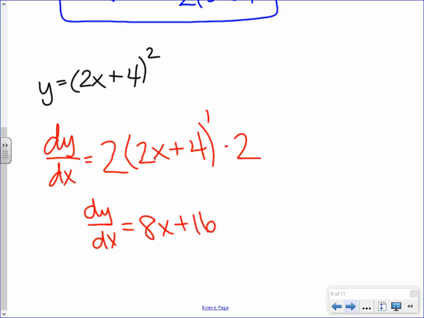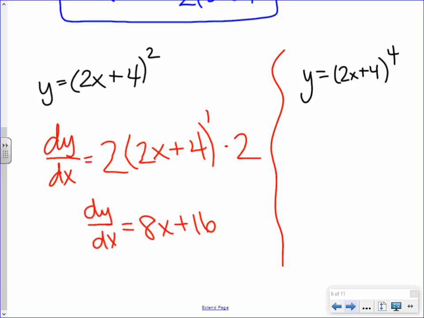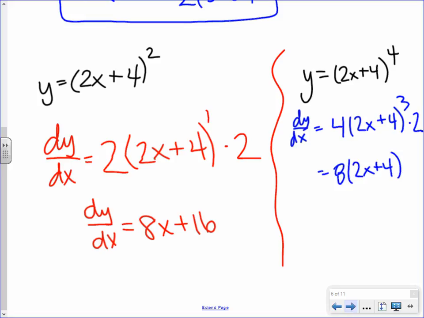If I gave you 2x plus 4 to the 4th power, okay, I would be fine with you taking the derivative using the chain rule and leaving your answer as 8 times 2x plus 4 cubed. Okay? I would not expect you to multiply that all out. Okay? But that's a pretty nice little chain rule, right? You don't have to multiply that out 3 different times to get our derivative, which is just chain rule.